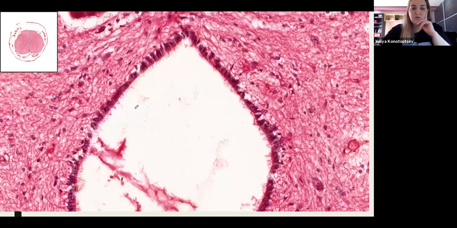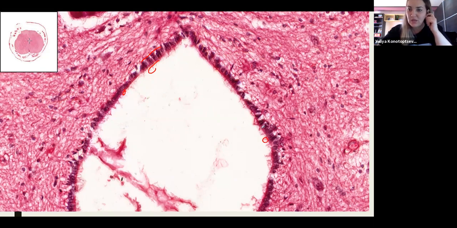So this is your central canal. You can see that these cells right here are ependymal cells. They are more or less simple columnar epithelial cells. And you can see that they possess cilia and microvilli. It's very random, do you see? Some cells do have cilia, some do not right next to it.